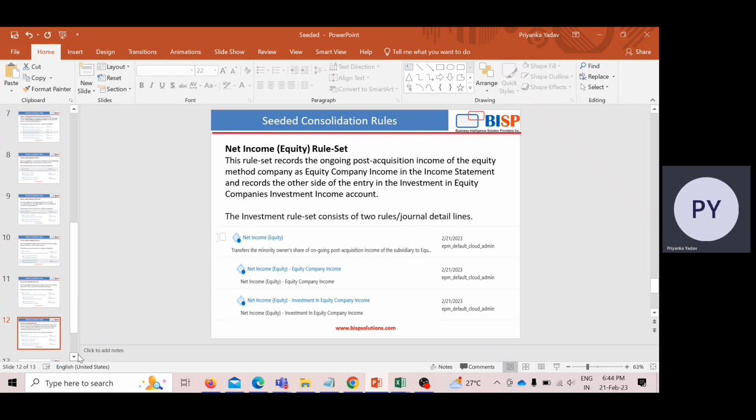And last we have the ninth seeded rule, net income equity rule set. It records the ongoing post-acquisition income of the equity method company as equity company income in the income statement and records the other side of the entry in the investment in equity company's investment income account. It has two rules, equity company income and investment in equity company.